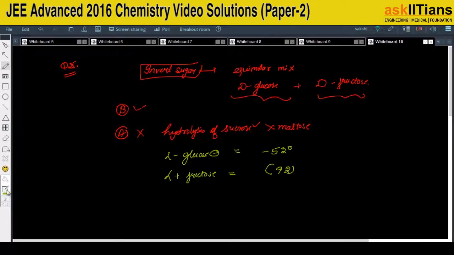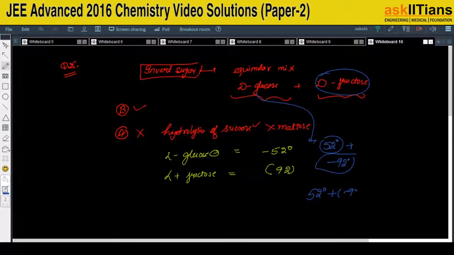But what I actually need is glucose which is D. So the answer will be 52 with a positive sign, and we need D fructose, so the answer will be minus 92. So we have got the individual components, and then we can say that specific rotation of the mixture will be equal to half of the sum of specific rotation of both the components. So it is half of 52 plus minus 92, since it is equimolar.